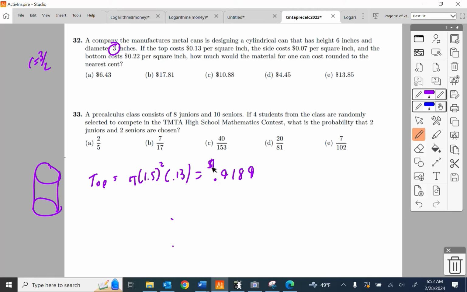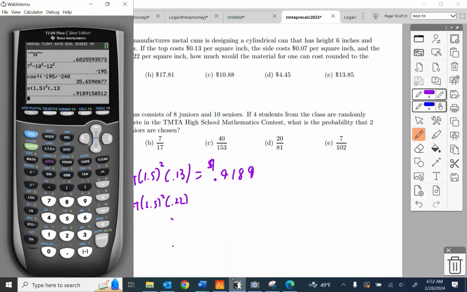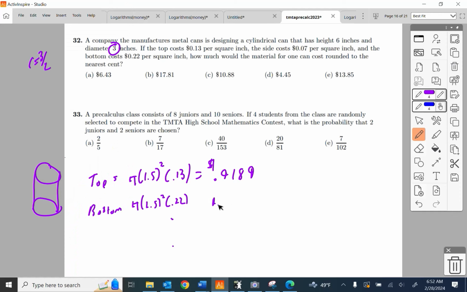All right, now we do the bottom. The bottom is going to be the same math, but with a 0.22. The bottom is going to be 1.5551 dollars.